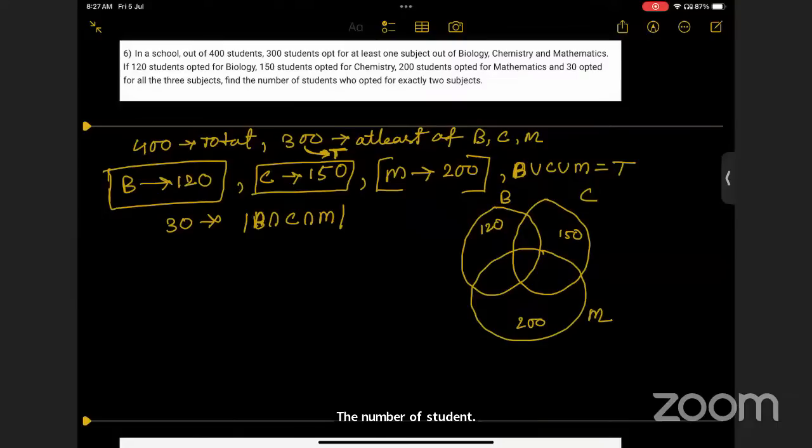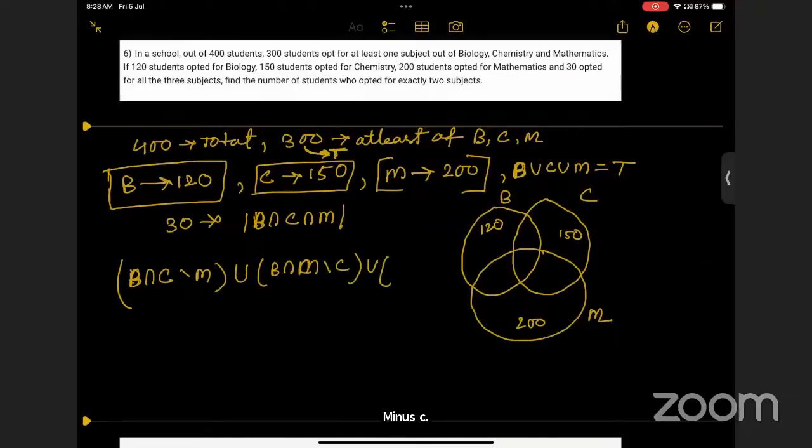That means B intersection C minus M union B intersection M minus C union M intersection C minus B.